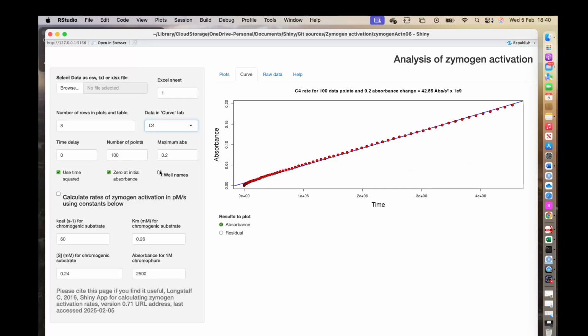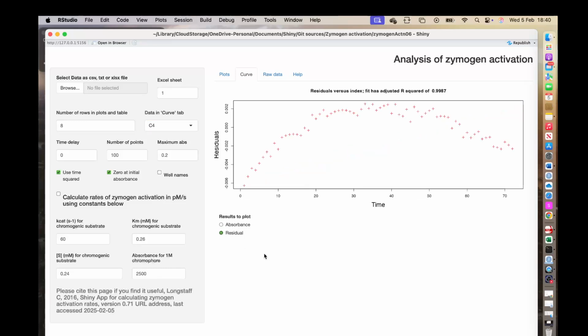Here you can focus on individual curves to find the best number of points and maximum absorbance for your data. You also have the option of looking at residuals for the fitted slopes using these radio buttons, and your aim should be to minimize the spread and systematic error of the residuals while having sufficient data to calculate slopes of the time squared plots.